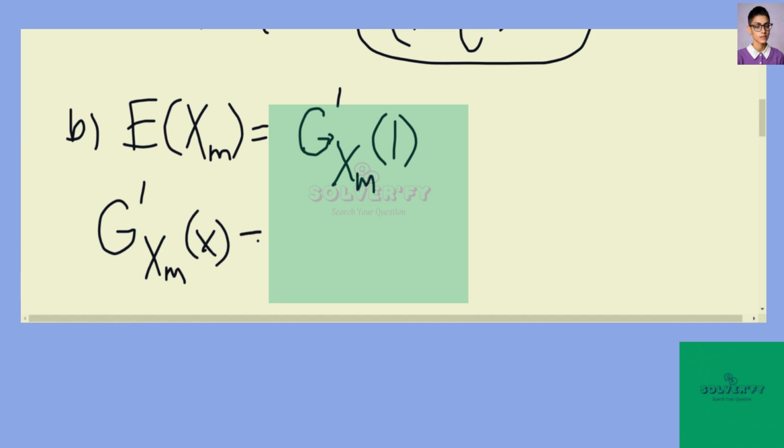But in the end, we get the result of this is m p to the m times q over (1 minus qx) to the m plus 1.